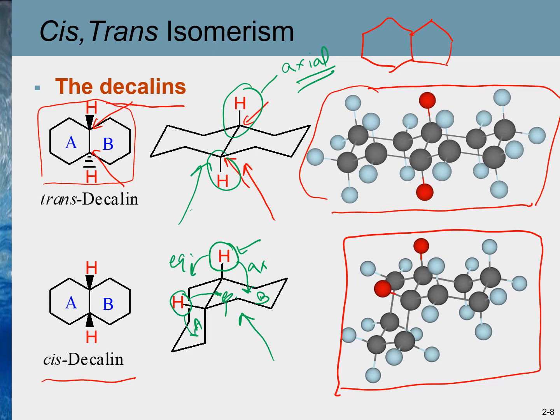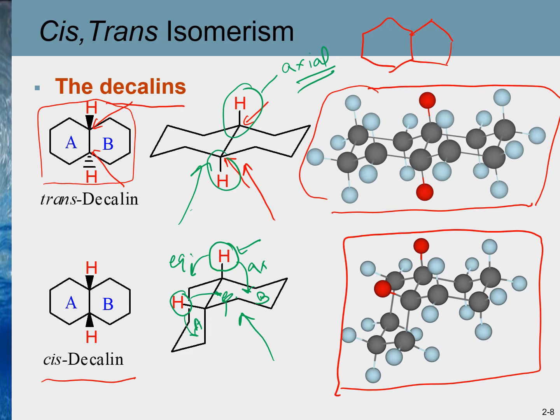Therefore, as we understand that equatorial positions are relatively stable as compared to axial position, hence the cis isomer is more stable.